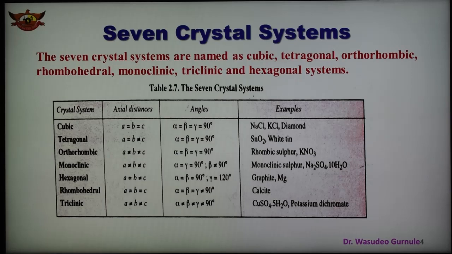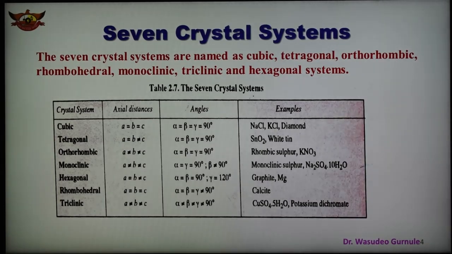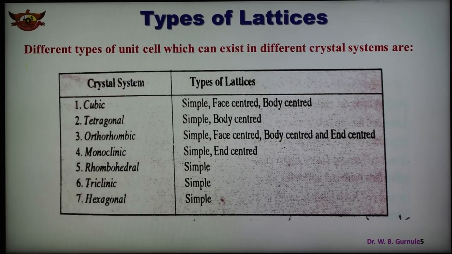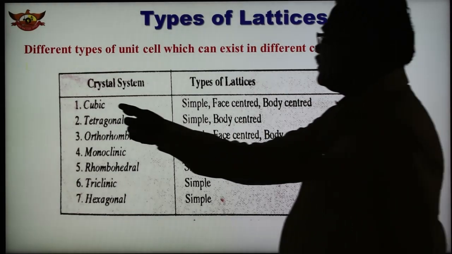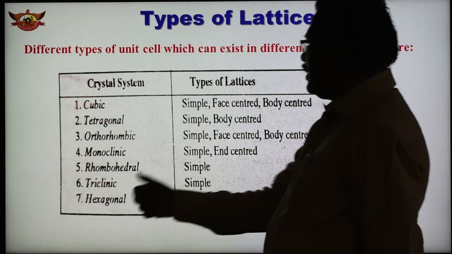So these are the 7 crystal systems, in which this table shows the axial distances and the angles made by the 3 non-coplanar axes, and examples are given in this slide. In the next slide, the 7 crystal systems are shown: cubic, tetragonal, orthorhombic, monoclinic, rhombohedral, triclinic and hexagonal.